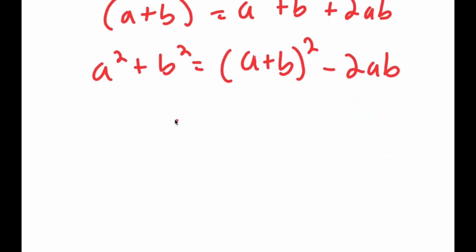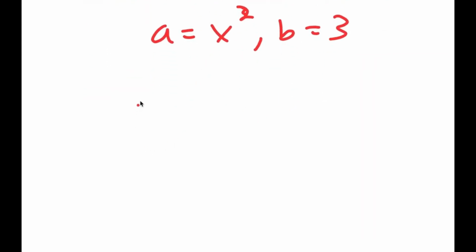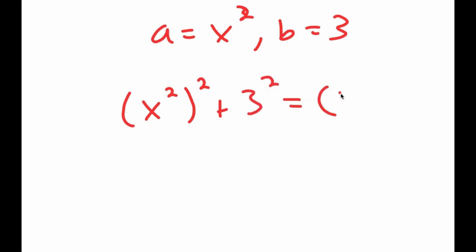So this means that a is equal to x squared and b is 3. Going back over here, I get x squared to the power of 2 plus 3 squared is equal to x squared plus 3 squared.